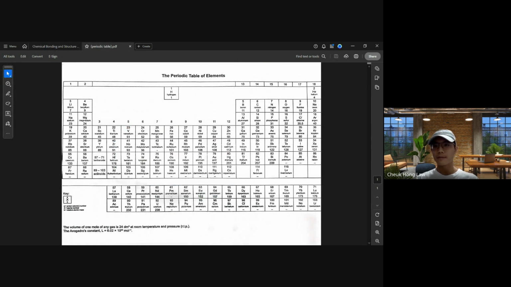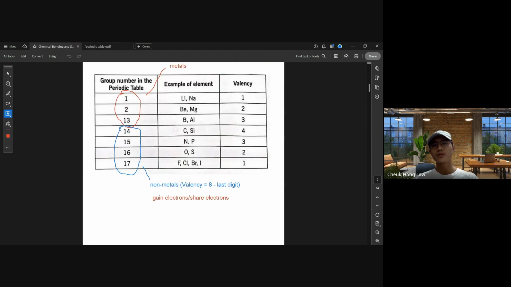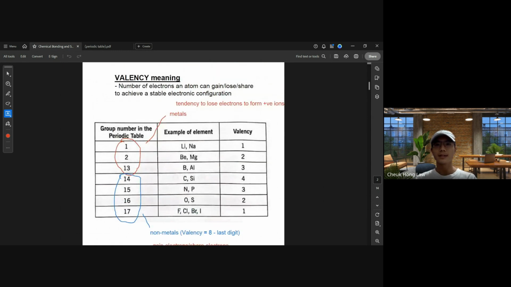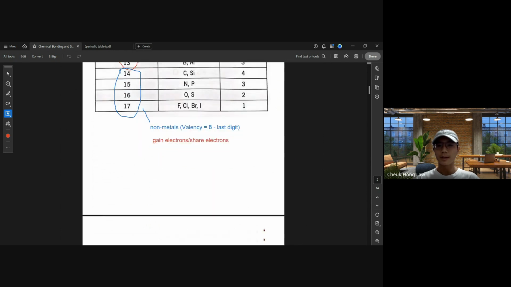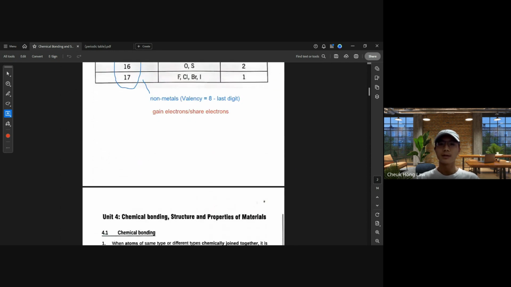Because group 15 has 5 valence electrons, it will gain 3 or share 3 to achieve 8 valence electrons, which is the stable electronic configuration. So I want you guys to remember the meaning of valency, and we're going to use this table later to check the valency of various elements, so that we can understand better.